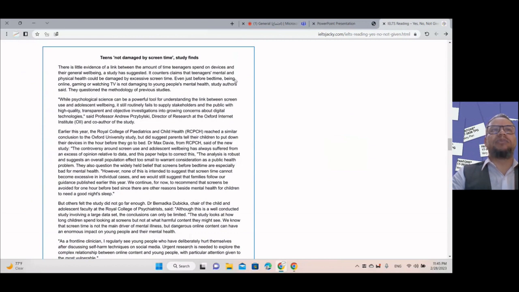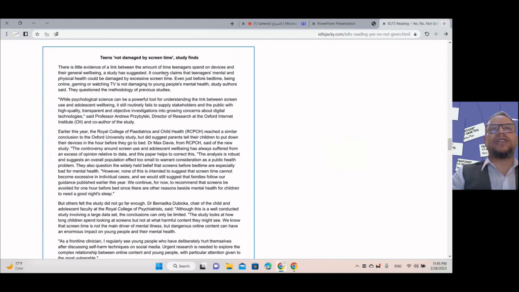The study said being online, gaming, or watching TV is not damaging, in general. The study authors questioned the methodology of previous studies. And I have a screen. What does the passage say about the screen?